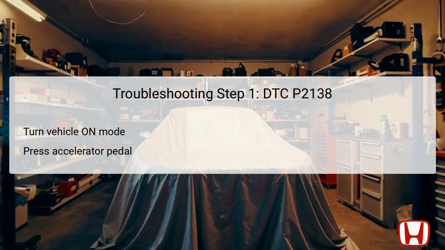The first troubleshooting step for addressing DTC P2138 involves placing the vehicle in the on mode while pressing the accelerator pedal fully to the floor. This is a crucial diagnostic action that allows the technician to assess the vehicle's response as well as collect initial data on APP sensor performance.